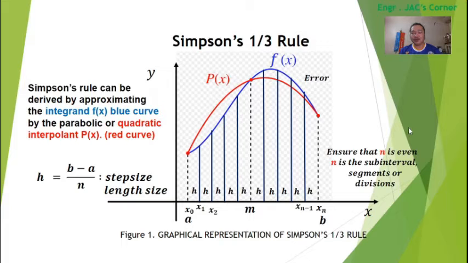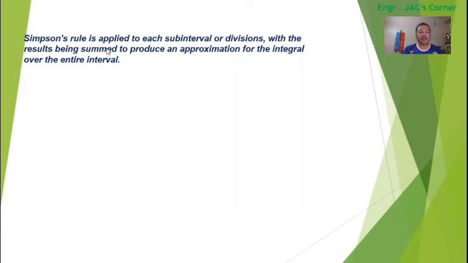We may not get the exact value, but we need the most accurate value. The larger the number of segments, the more accurate the value of the integral. Simpson's rule is applied to each subinterval, or divisions or segments, with the results being summed to produce an approximation for the integral over the entire interval.